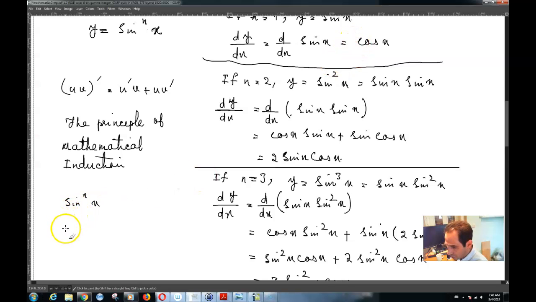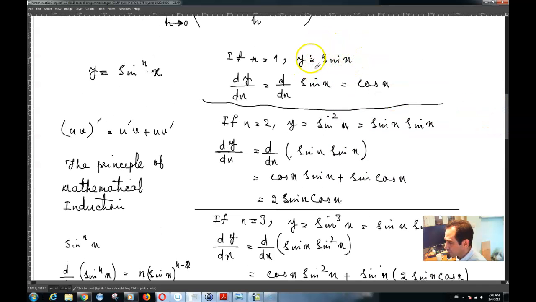So d by dx of sine raised to the power n of x is basically n comes over here, and then you have sine x raised to the power n minus 1, and then you have cos x raised to the power, I'm sorry, n minus 2, because sine x is over here.